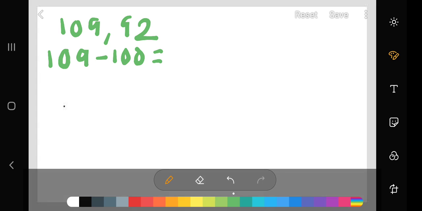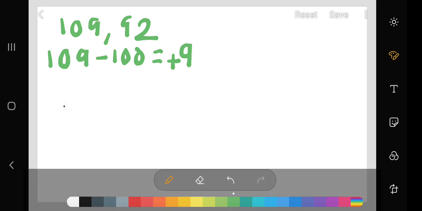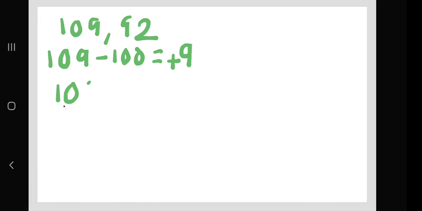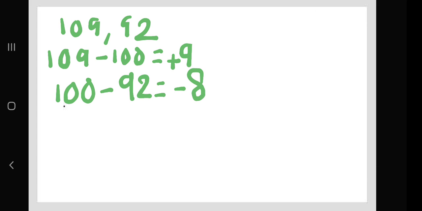So 109 minus 100, we are getting plus 9, and from 100 minus 92 we are getting minus 8.